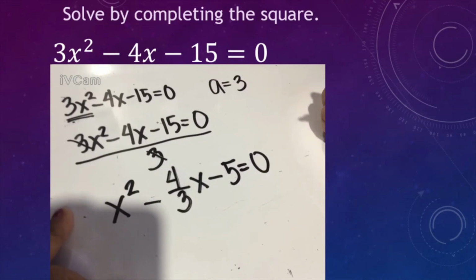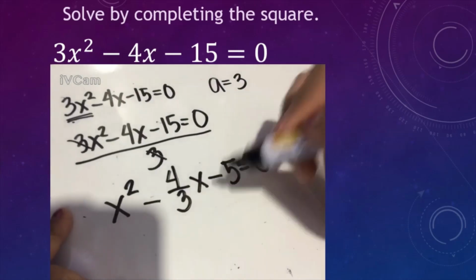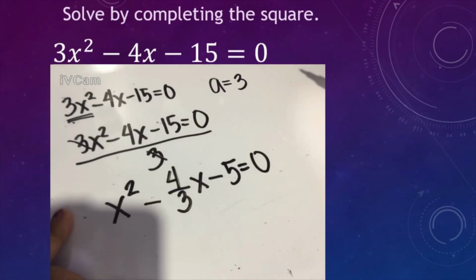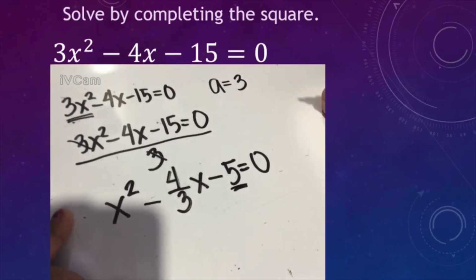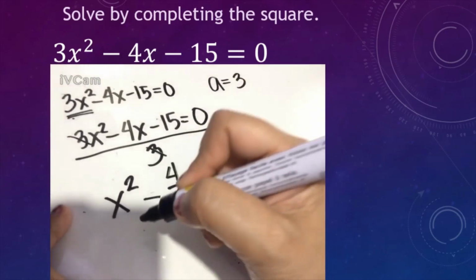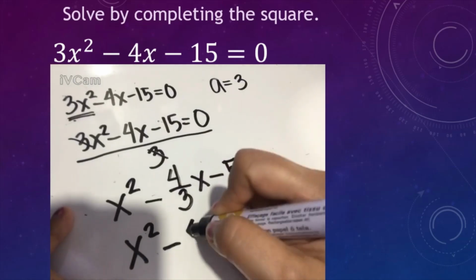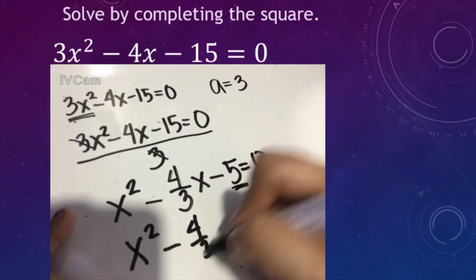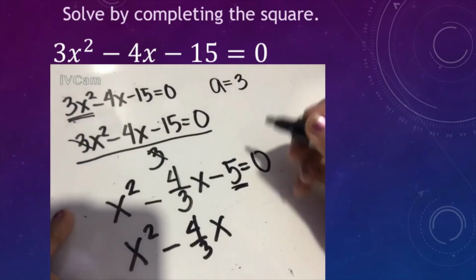So what we're going to do next, we will write the equation such that the terms with variables are on the left side of the equation, and the constant term is on the right side. So x squared minus 4/3 x, we will get the opposite of negative 5, which is positive 5.